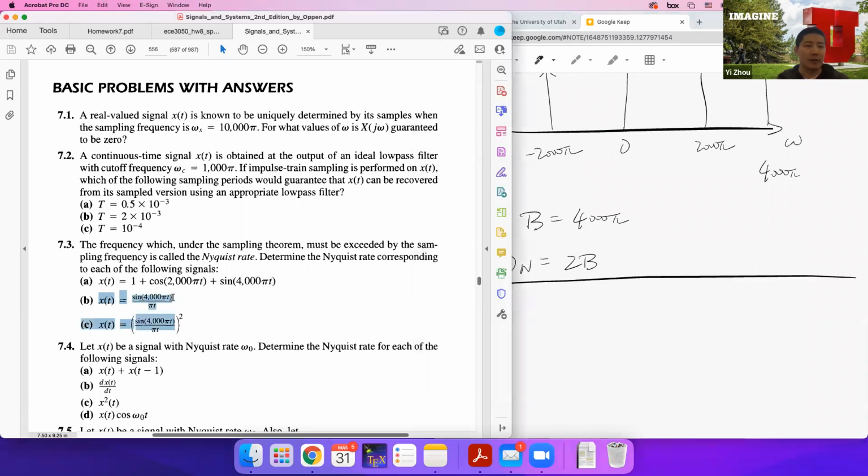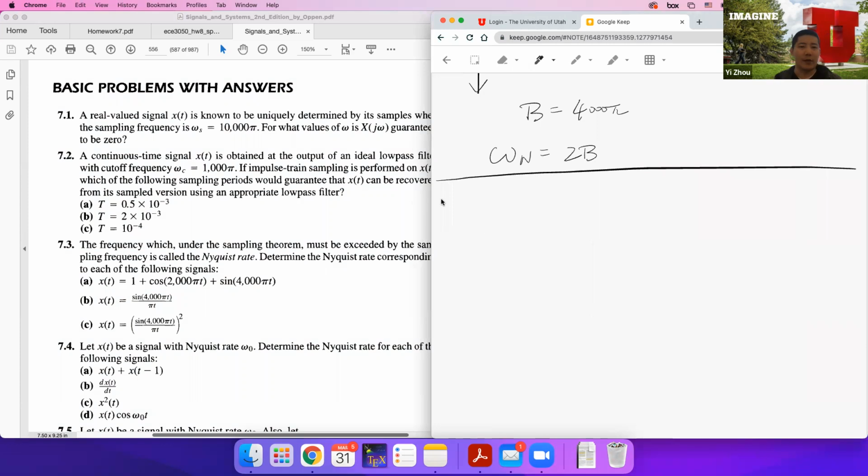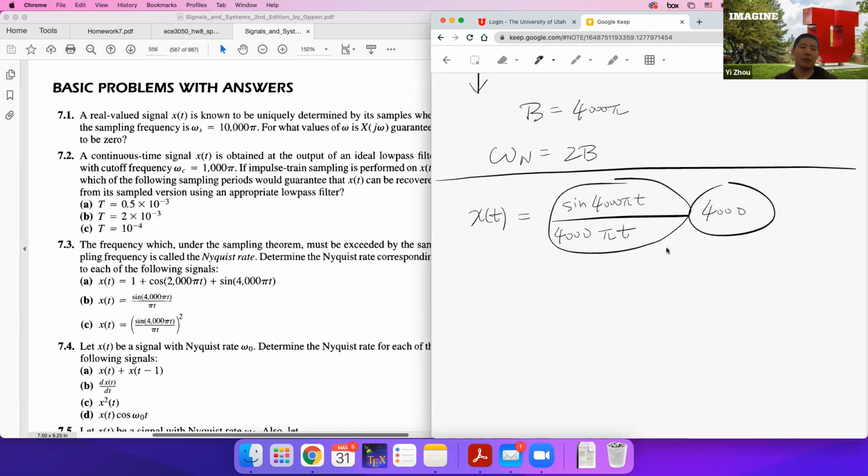For the second one, this is a sinc type signal. x(t) is sine(4000 pi t) over 5 pi t. You can write 4000 pi here and scale it by 4000. This is a sinc function scaled by a constant.